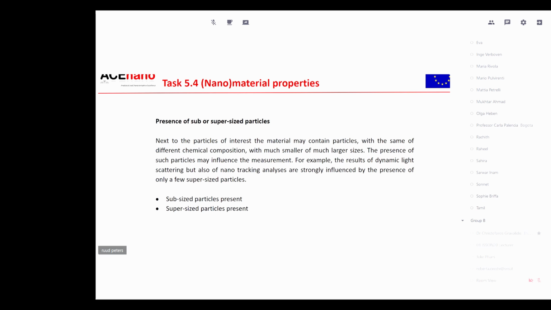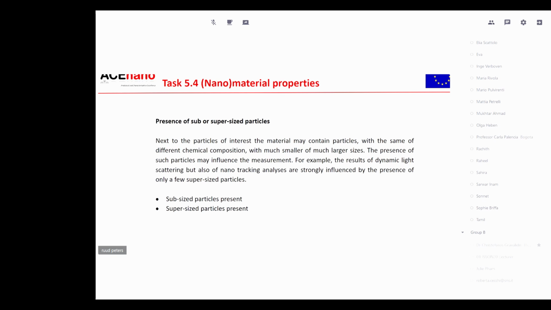Also important is the presence of sub or supersized particles. Next to the particles of interest, the material may contain other particles with the same or different chemical composition, with much smaller or much larger sizes. And depending on that, the method may have more or less problems with it. For example, the results of dynamic light scattering, but also nano-tracking analysis, are strongly influenced by the presence of only a few supersized particles.